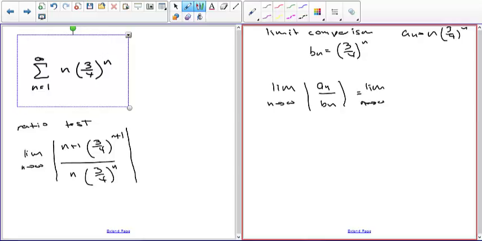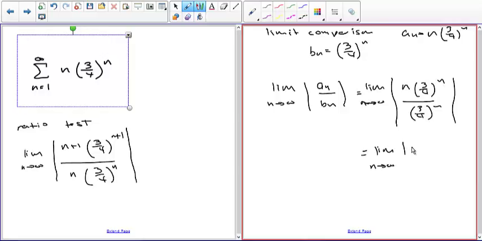So let's see what this limit would be. So a sub n over b sub n would be n times 3/4 to the n over 3/4 to the n. And the problem there is that if you take the limit, if you simplify the expression inside the absolute values, you just get n.